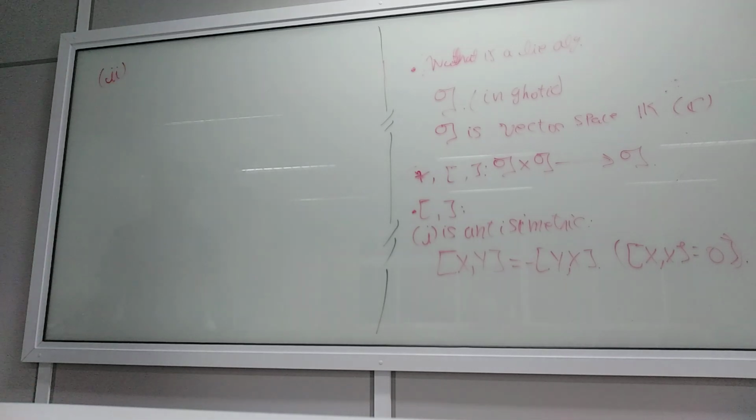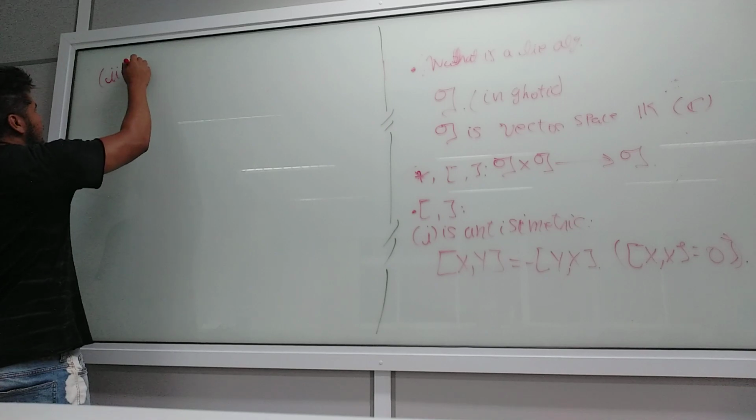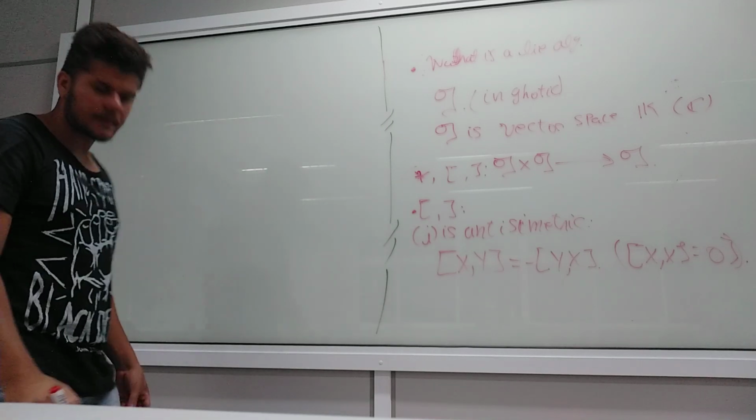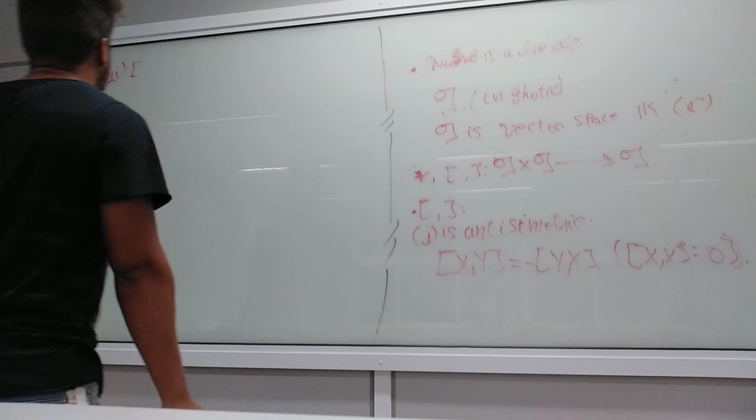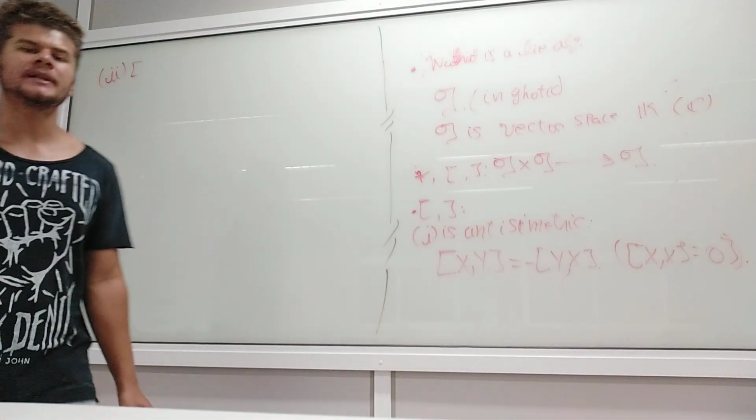And two, the Lie bracket satisfies the condition named after Jacobi, the Jacobi identity.